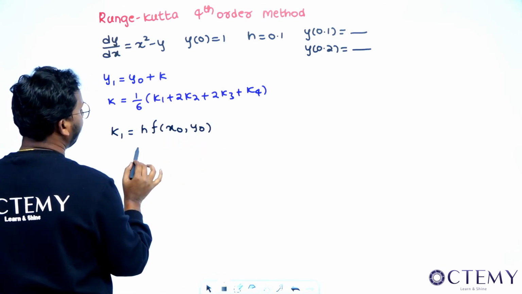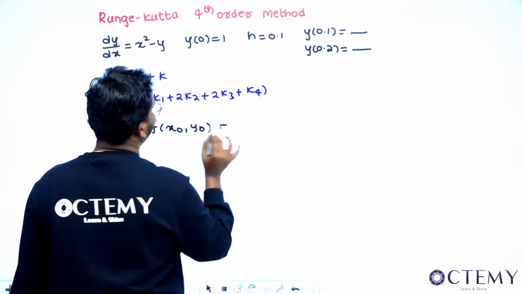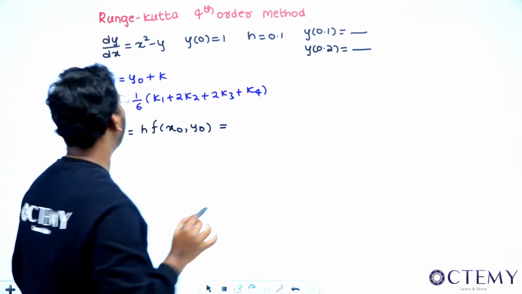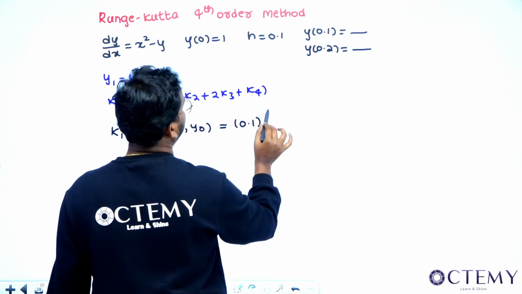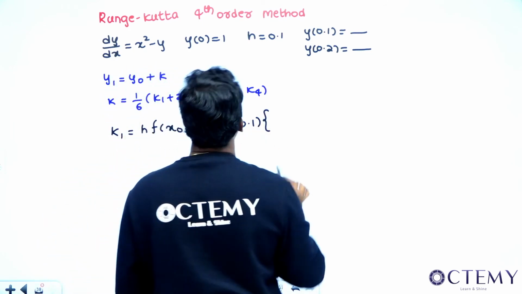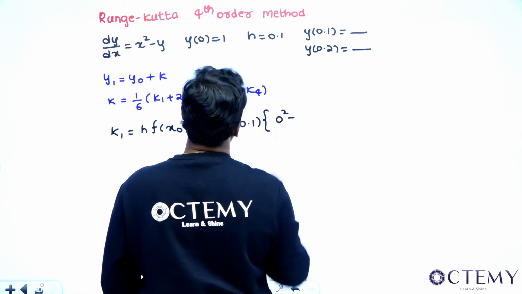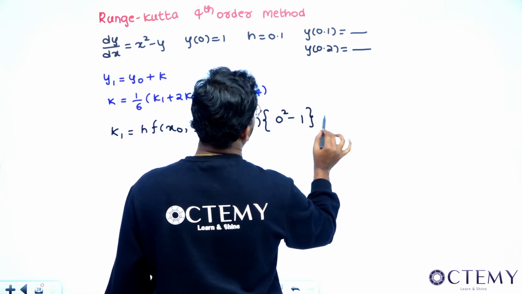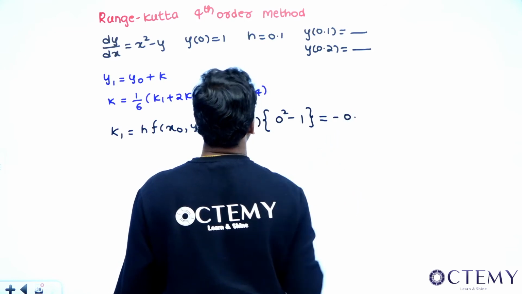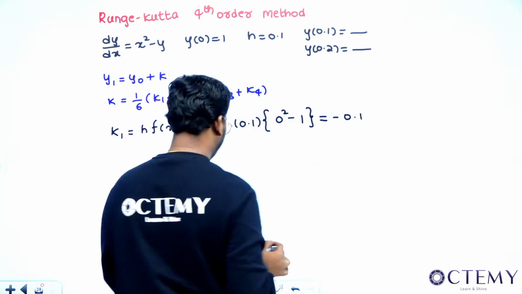That will simply become 0.1 times x0 is 0, so 0 square, minus y0 is 1. It will become minus 0.1.